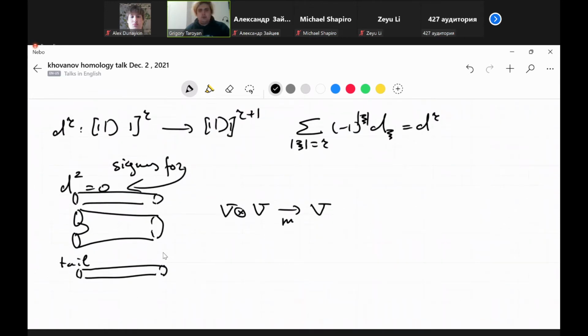In fact, it is a Frobenius algebra. If someone is familiar with one-dimensional TQFTs, one should know that one-dimensional TQFTs correspond to Frobenius algebras. But I will give this multiplication explicitly. We can turn this V into an algebra, in fact into a bialgebra, by defining this multiplication like this, or just on generators.